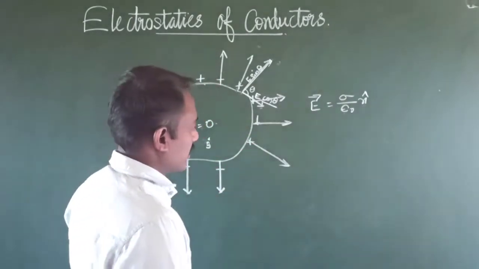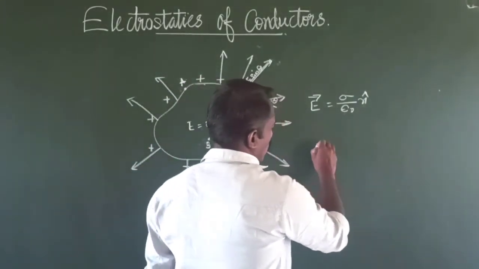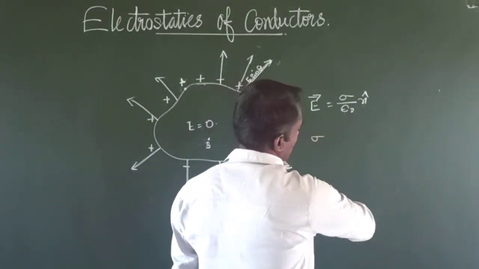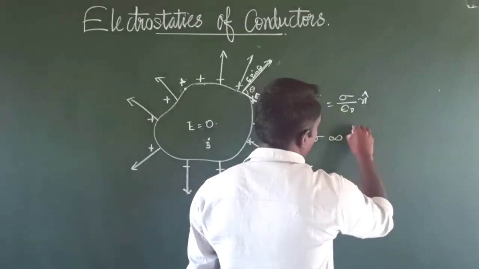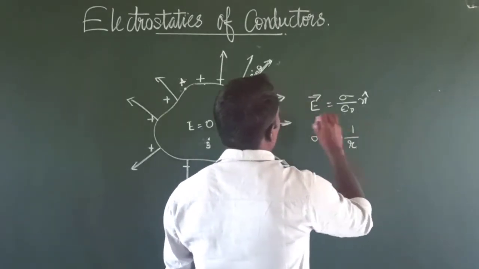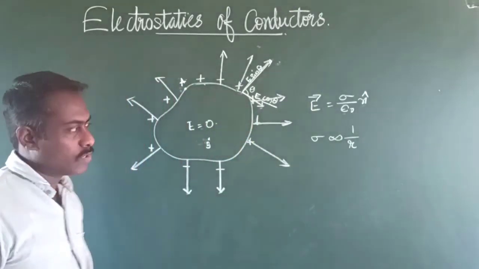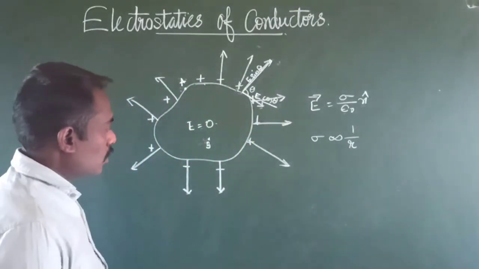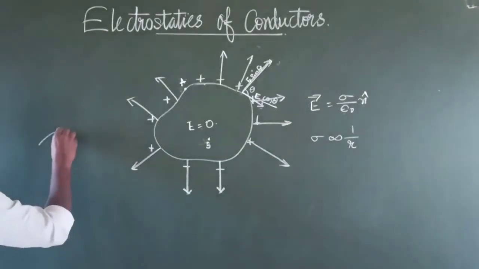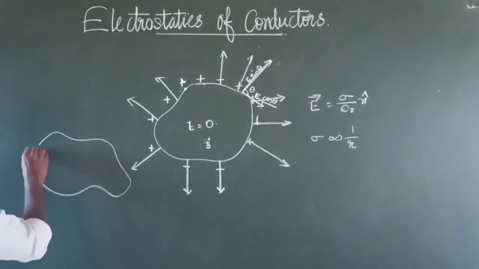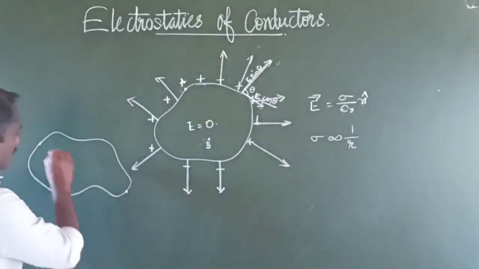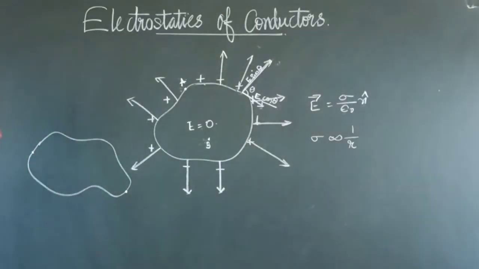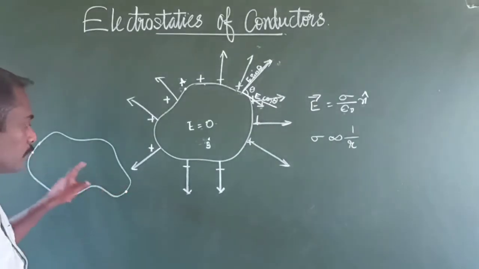If we take a conductor, the surface charge density is inversely proportional to the radius of curvature. How can we explain this? Consider an irregular conductor, and we have 2 points here and here, and we need to find the charge density at these 2 points.